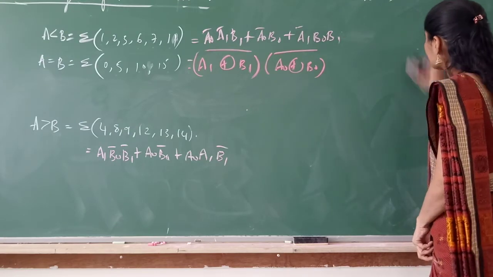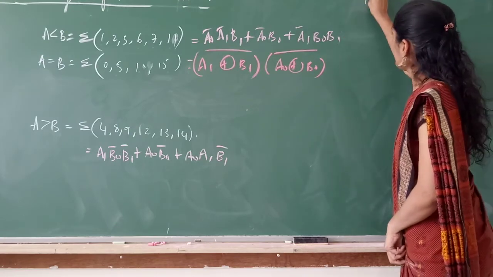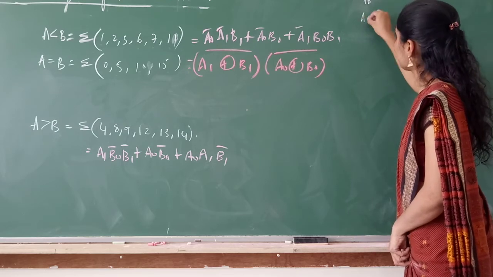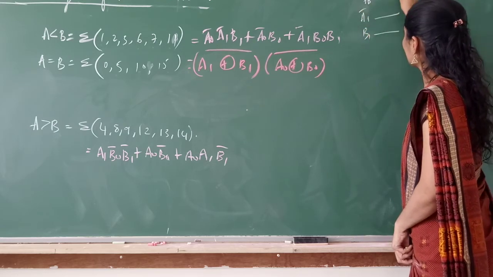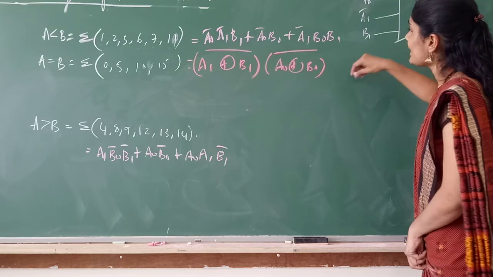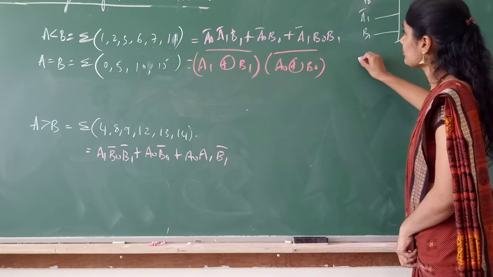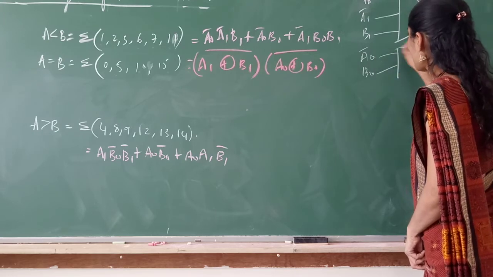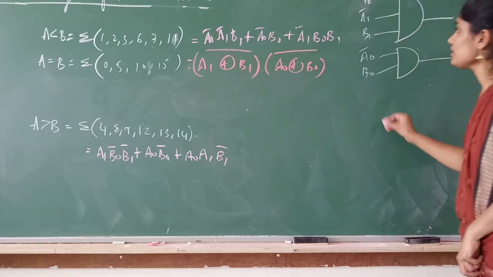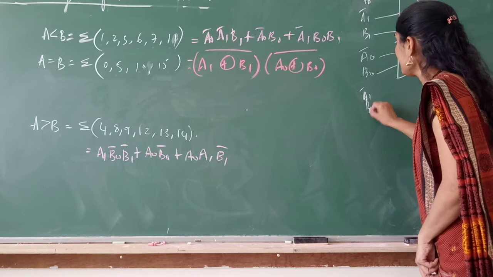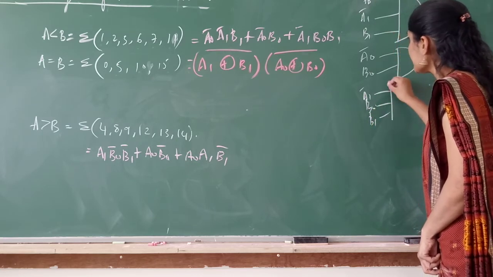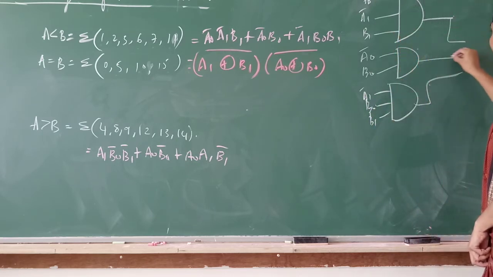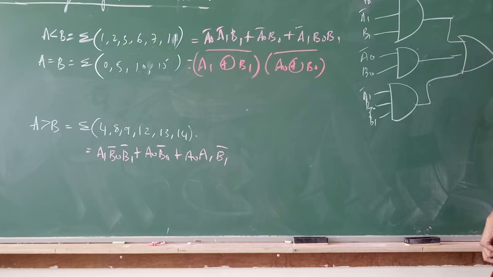You can take A0 bar, A1 bar, B1 to an AND gate, plus A0 bar B0, another AND gate, A1 bar B0 B1, another AND gate. Give all these to an OR gate. So this will be A less than B, right?